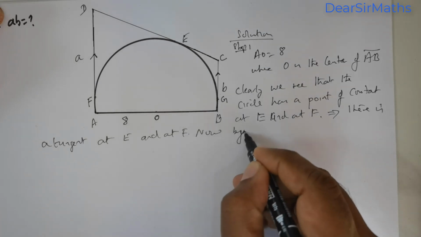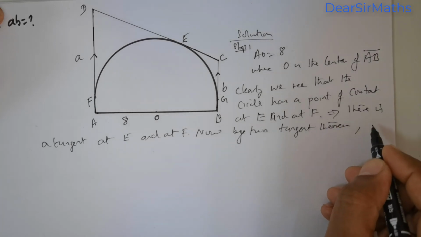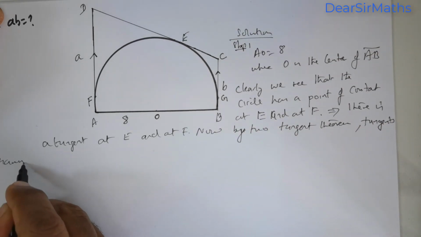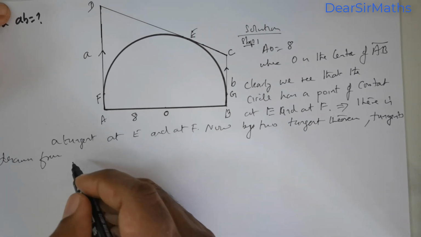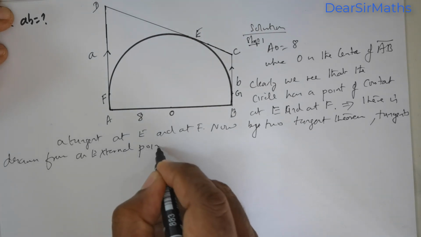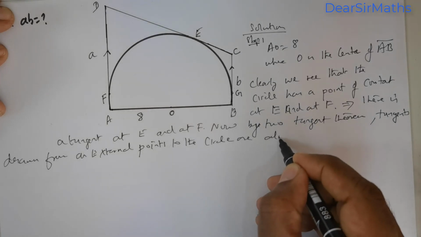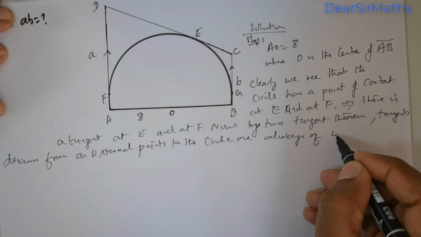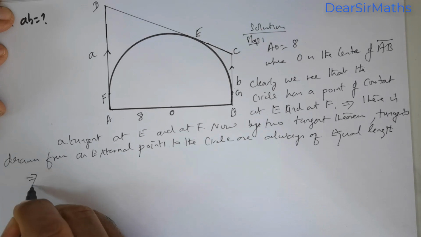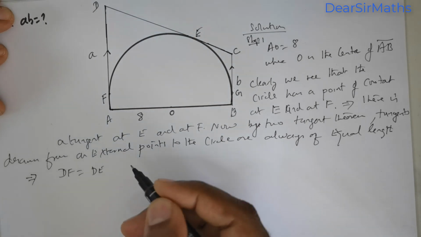Now by the two tangent theorem, tangents drawn from an external point to the circle are always of equal length. So this would mean DF will be equal to DE.